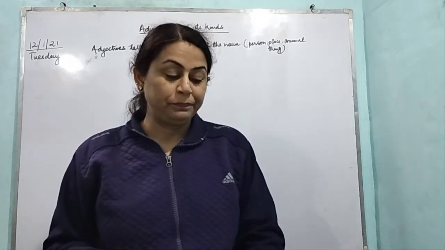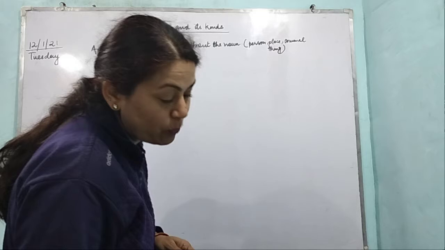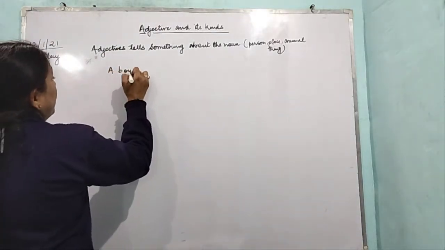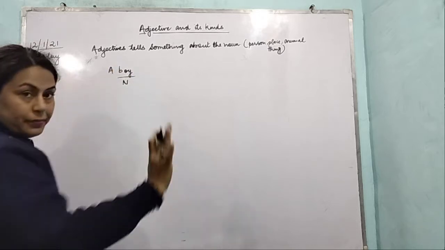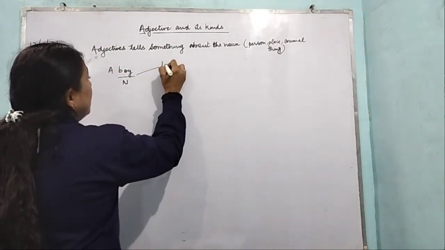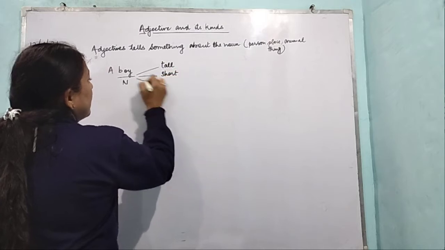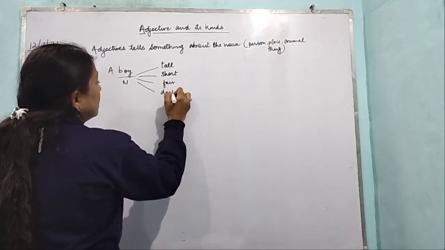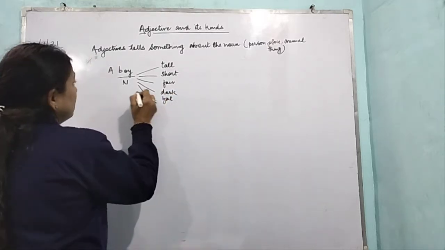For example, boy. If I say this boy, that boy, may be a boy. Now ये हमारा noun हो गया. अब ये क्या हो सकता है? He can be tall, he can be short, he can be fair, he can be dark, he can be fat, anything.